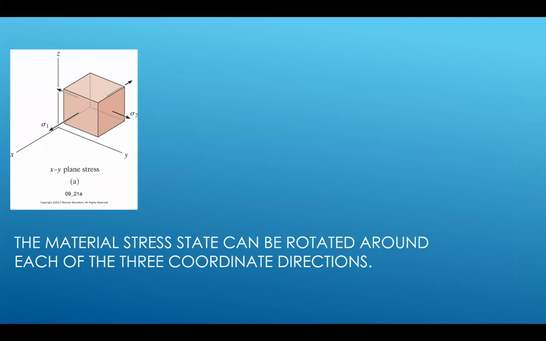So if we look at this plane stress state where we have 2 principal stresses, we can rotate it about each of the 3 coordinate directions. And so the first rotation is, for example, about the x-axis.